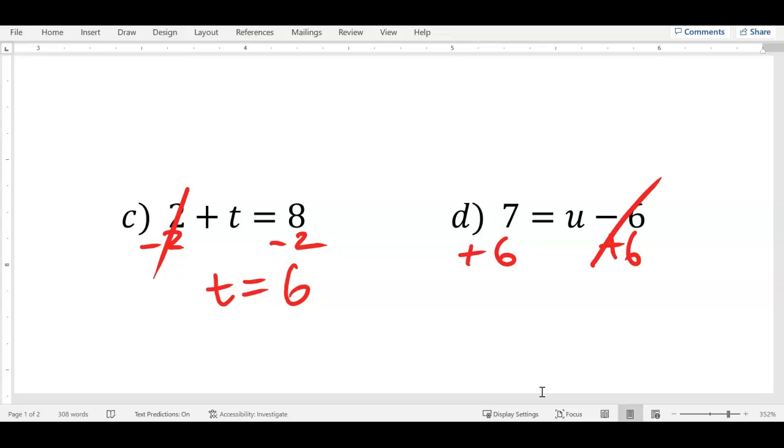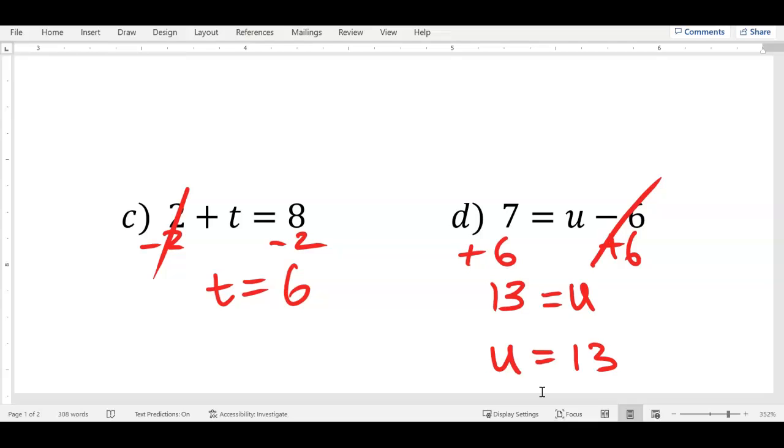Cancel that out. Bring down U, and then 7 plus 6 is 13. So this says 13 equals U. Now normally we see it as U equals 13, so you can flip it at the end if you want, but in the end I'm fine with 13 equals U.